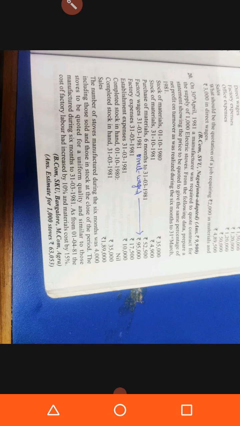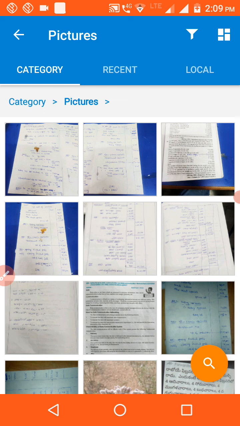So we have to calculate two cost sheets, one cost sheet for 4,000 stoves and another cost sheet for the new quotation of 1000 stoves.